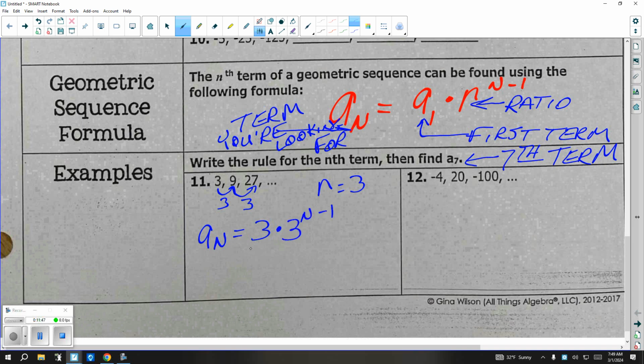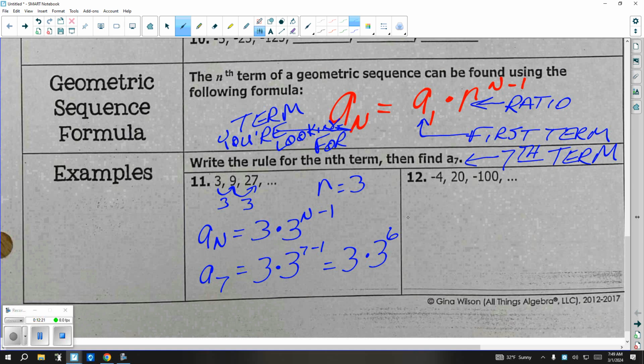So if I want to find the 7th term, I would do 3 times 3 to the 7 minus 1, which is going to be 3 times 3 to the 6. But I have to bust out my yellow calculator, and I have to find what 3 to the 6th is.